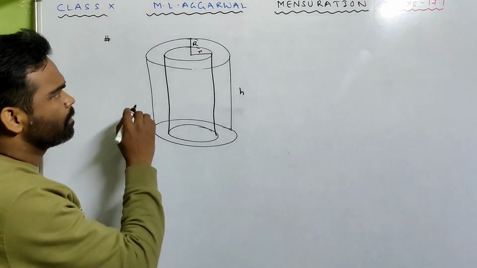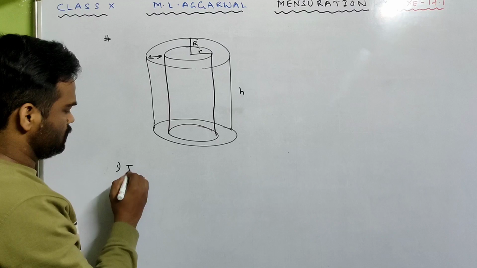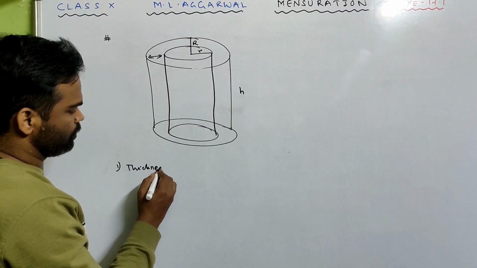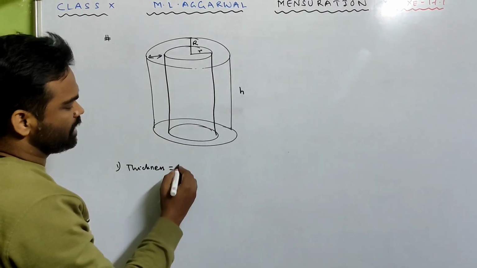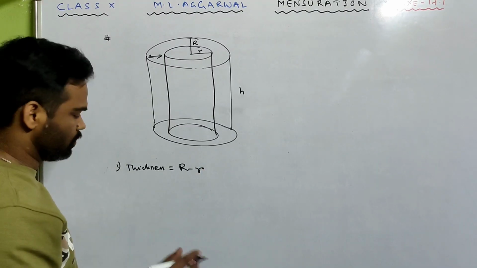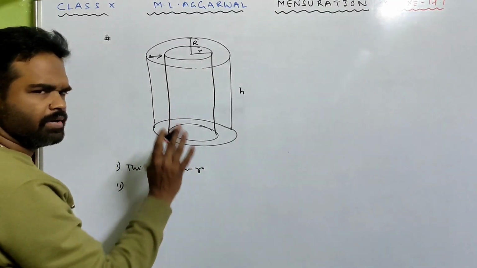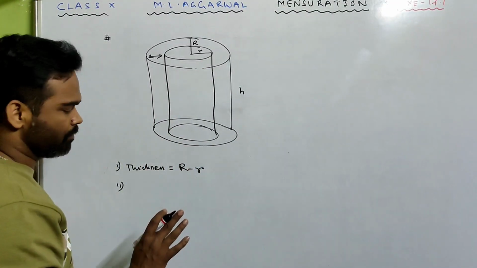First of all, the thickness over here, look carefully, is capital R minus small r, isn't it? Yes or no? Number 2, the thickness of the cylinder is capital R minus small r.